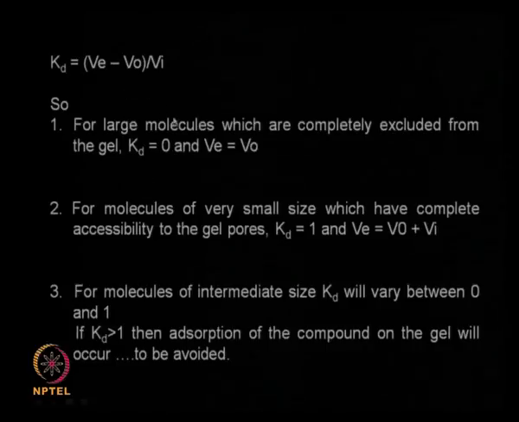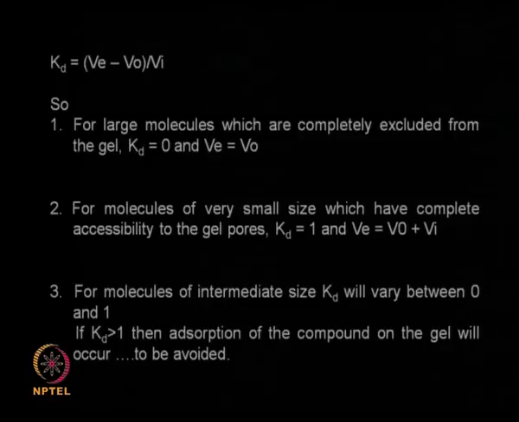So generally we will have these three situations. Kd equal to 0 means that very large molecules are completely excluded from the gel. Kd equal to 1 means very small molecules, which are completely accessible to the gel pores.